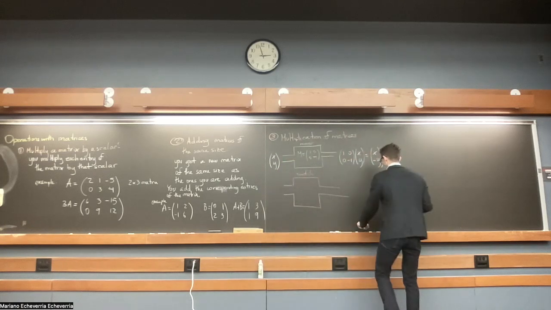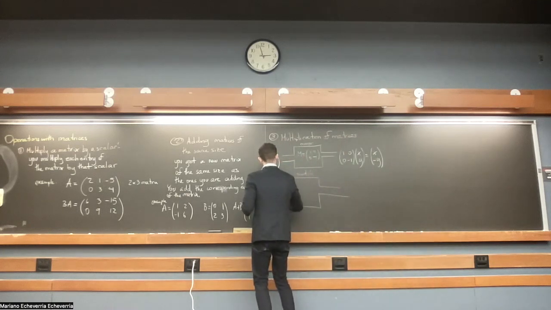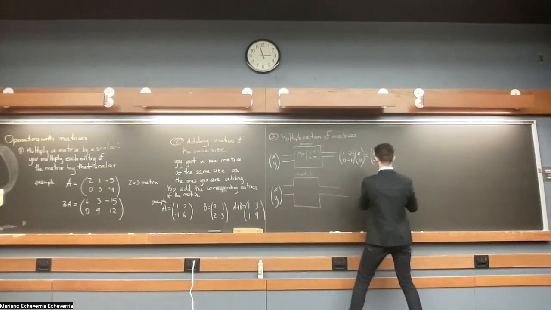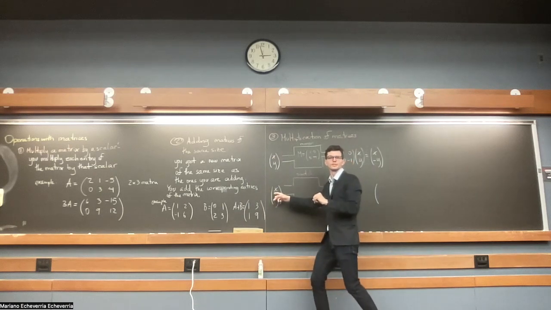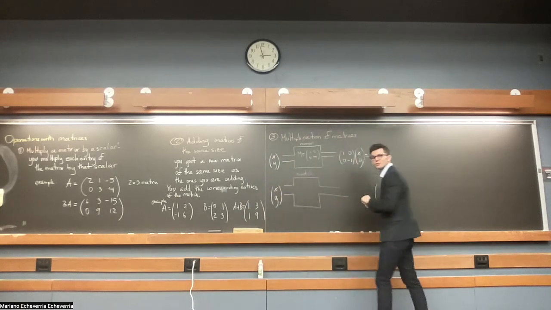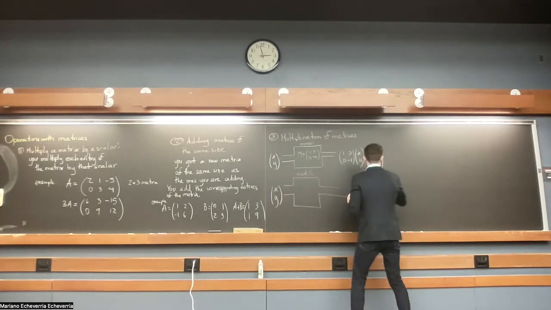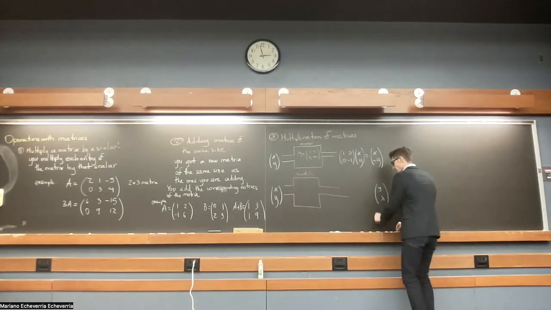Whatever the switch matrix is, it spits out something that just changes the order of the entries. So the value of x becomes the second entry, and y goes into the first entry. We just turn them around.